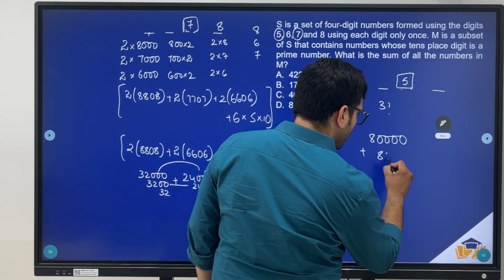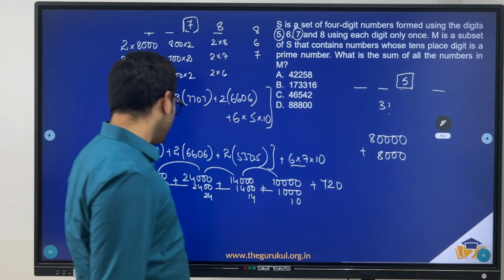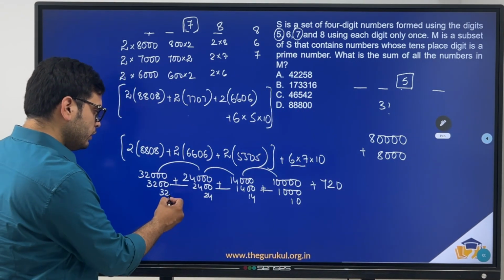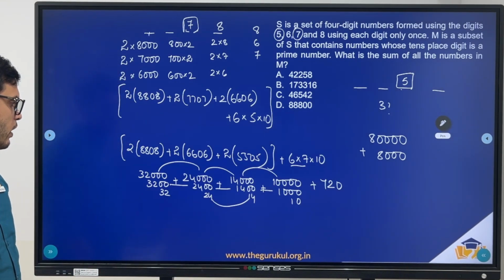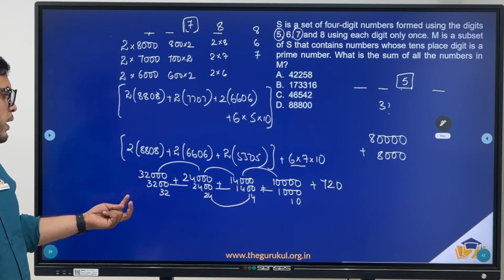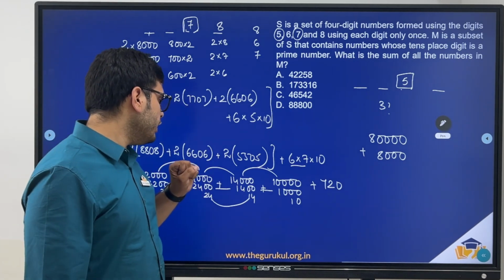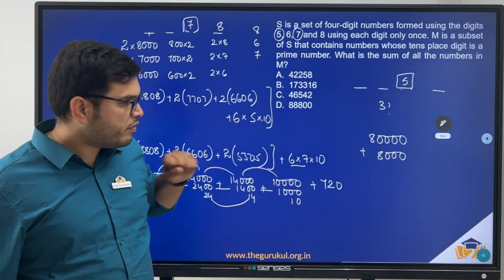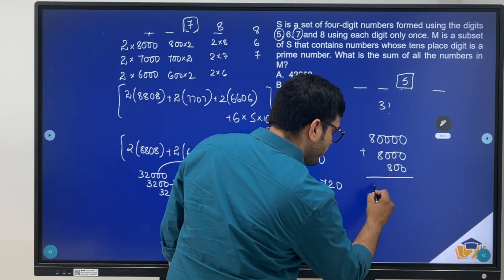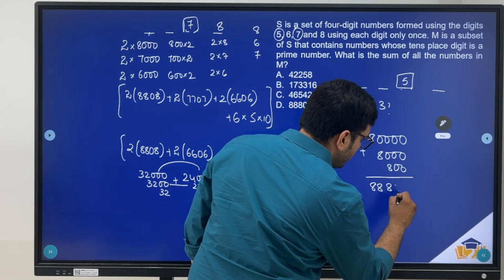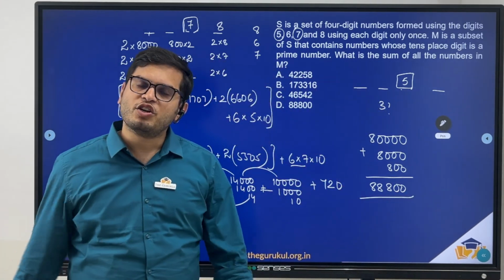That would be 8,000 plus 32 or 24 plus 14. That would be 38, 38, 48, 48 plus 32, 80, 80 plus 720, 800. So this should be 88,800 should be the answer to this question.